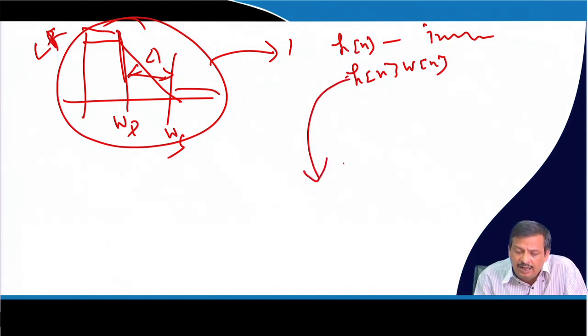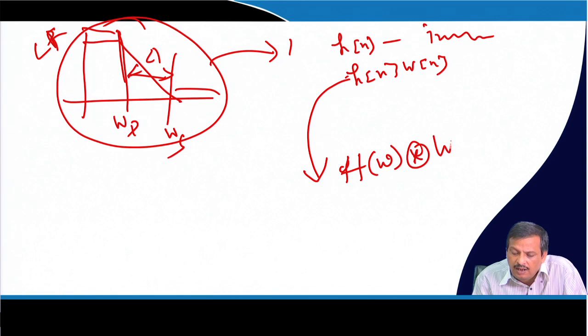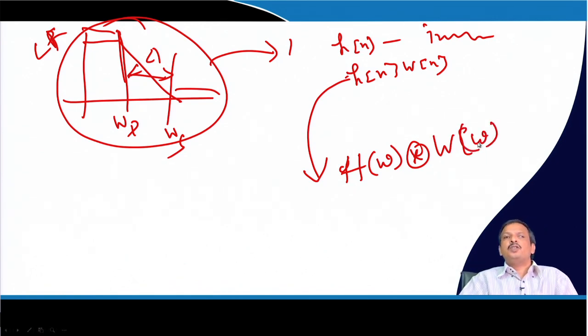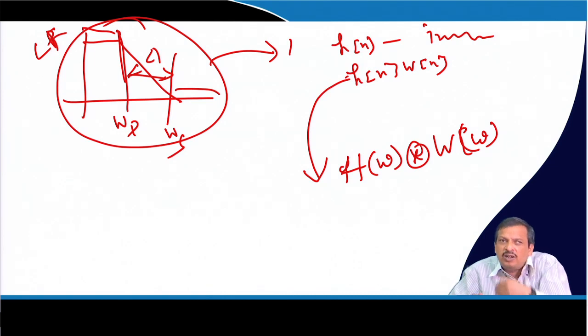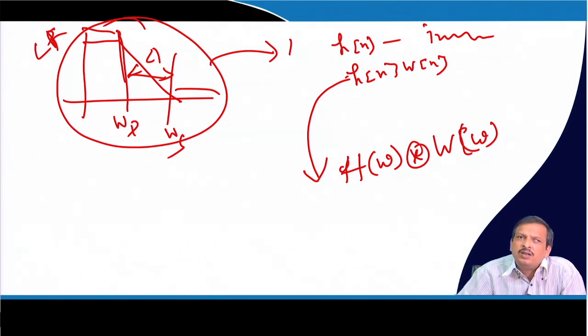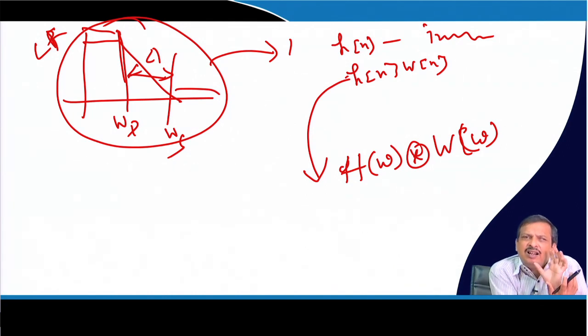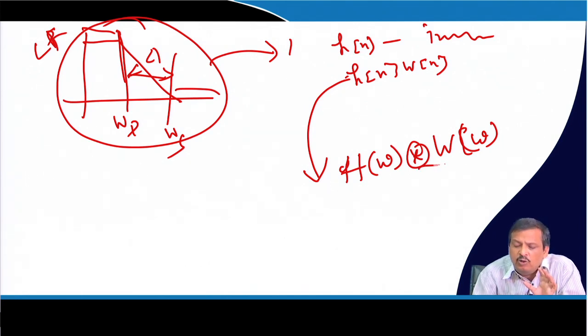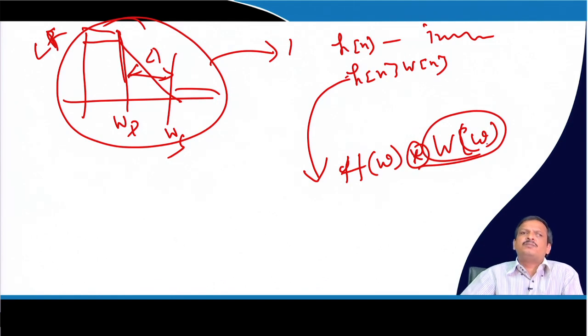It is nothing but a convolution of H of omega and W of omega. Time domain multiplication, frequency domain convolution. So, what exact frequency response will I get? I will get the convolution between the frequency response of the truncated filter and the window function frequency response.